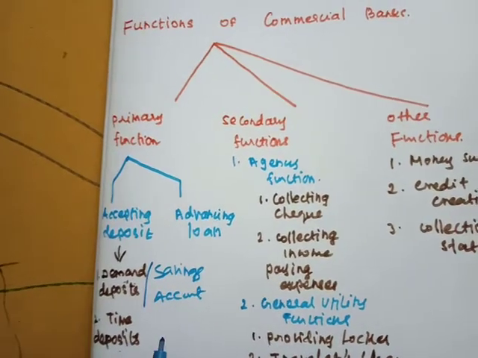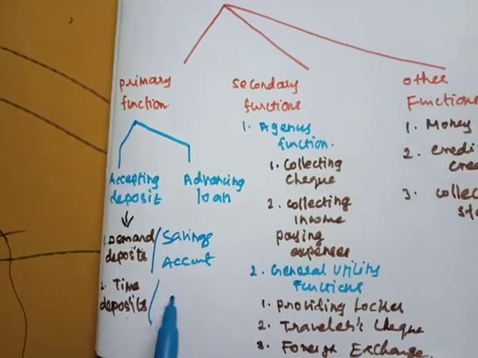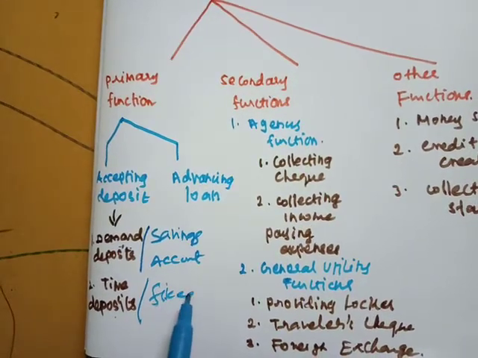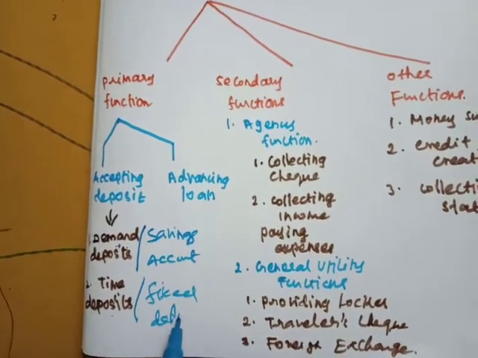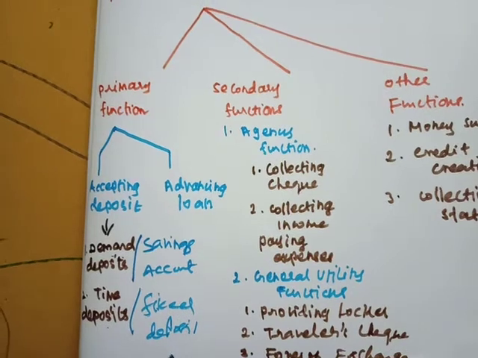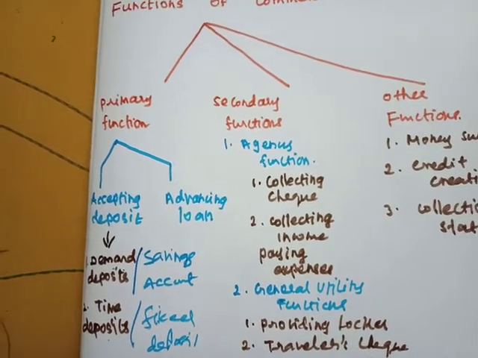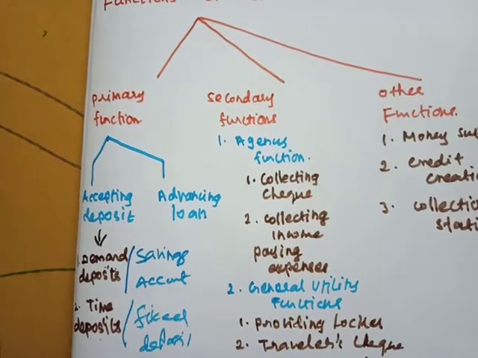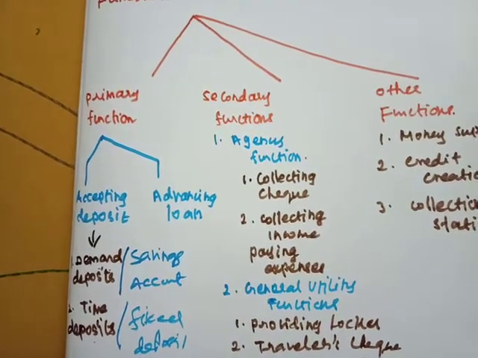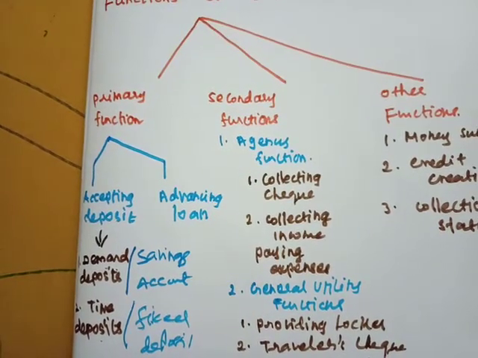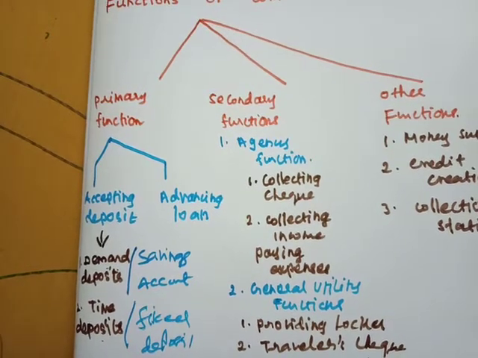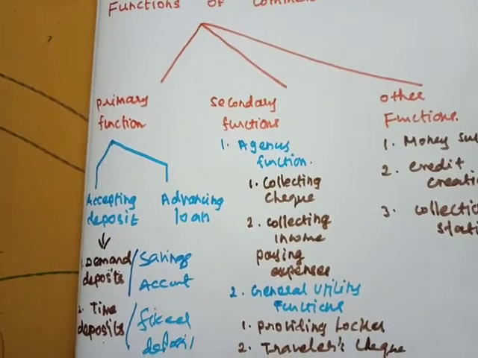And the second one is time deposit, which is known as fixed deposit. The time deposit refers to the deposits that are made for a certain committed period of time, normally 5 years, 10 years, 20 years, like that. So banks pay a higher interest rate for time deposit.